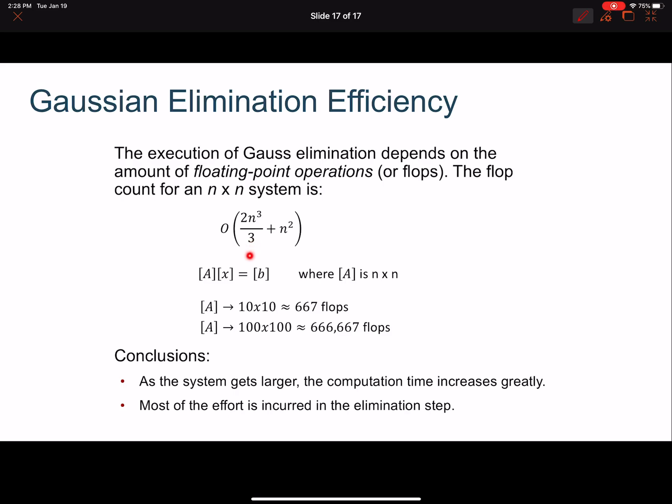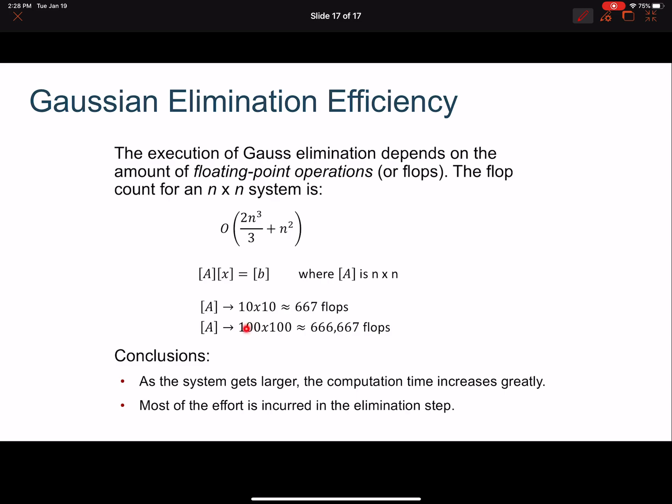The cost of this, the number of floating point operations, or real value operations, is on the order of n to the cube, right? So for example, if you're solving a system that has 10 equations and 10 unknowns, this will cause you to spend more or less 667 floating point operations.